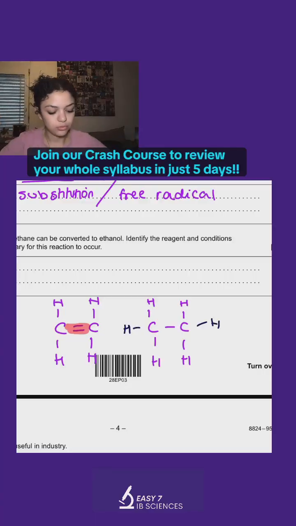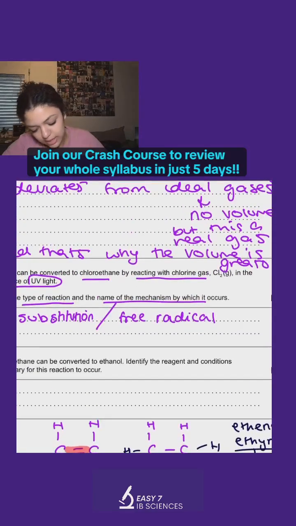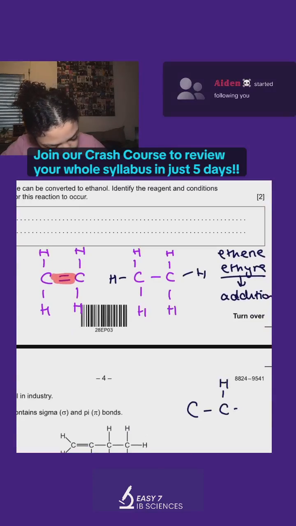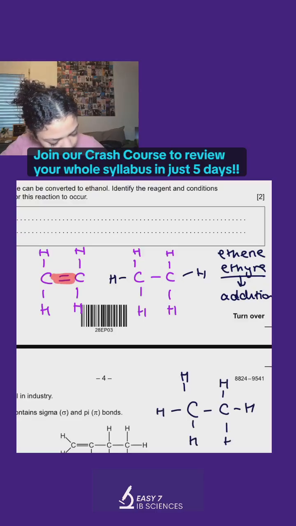So usually if it said ethene, you know by rule of thumb that this should be an addition reaction. But in the question, it asked about ethane, an alkane. So we know that alkanes are already full. There's no space for you to add. All the carbons are satisfied.